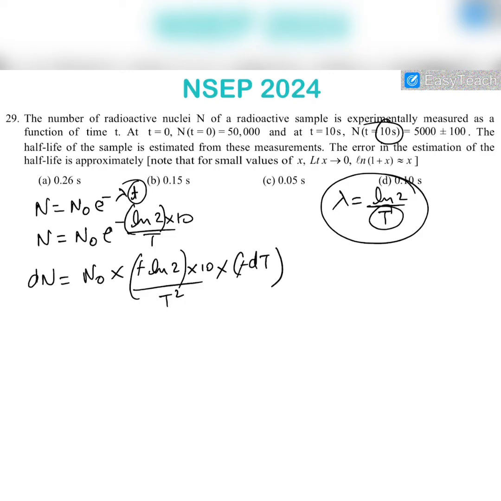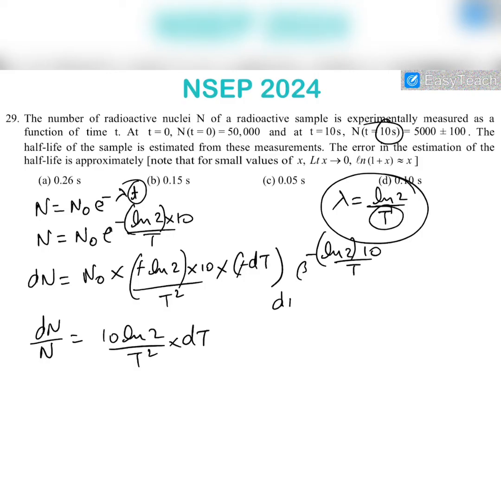Cancelling this minus with minus, we get e to the power minus ln2 into 10 by T. This is the value of dN, and this complete value, e to the power minus ln2 10 by T, can be replaced by N by N naught, or we can just say that N naught into this is N. So dN by N will be equal to 10 ln2 upon T square into dT.